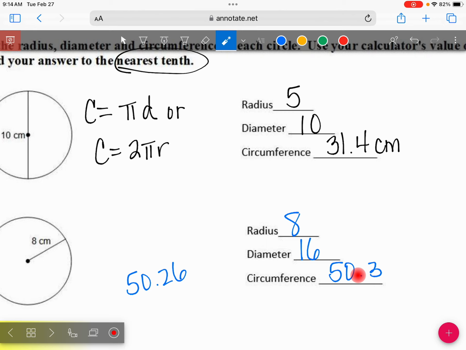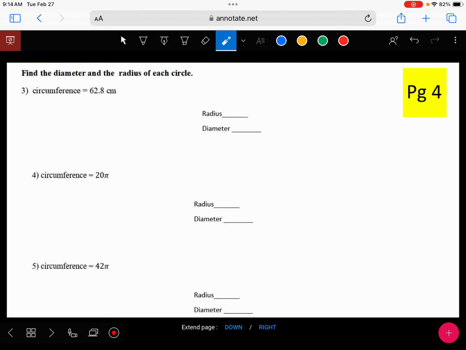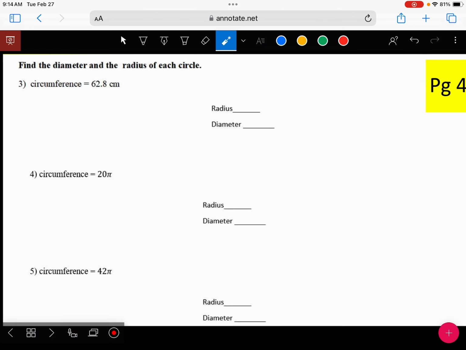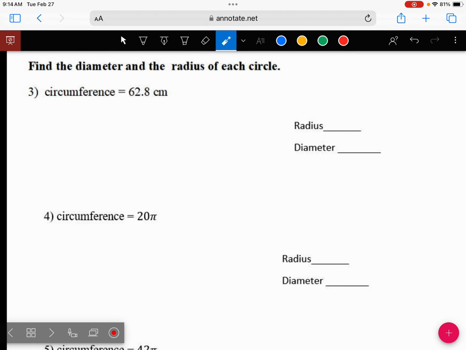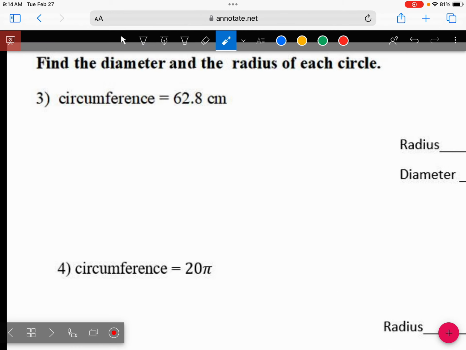Any questions? All right, so now let's look at these 3 here. Now they told you the circumference, and they want us to find the diameter and the radius. Okay, so remember, we'll start by finding the diameter using the formula circumference equals pi times your diameter. So let's go ahead and write your formula down. So the circumference is 62.8.